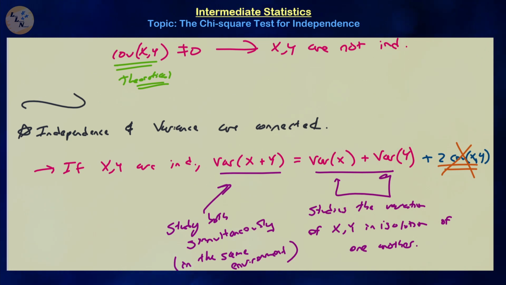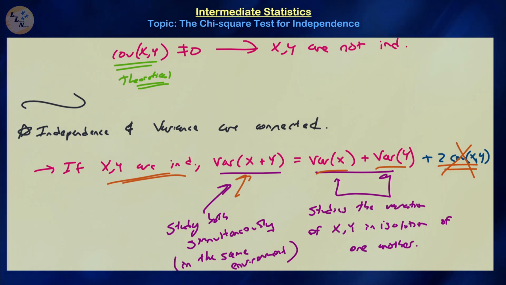If you can prove that these two variables are indeed independent, then that means you can study these variables in isolation of one another, and that will be equal to the same exact result as if you were to present both of them next to each other. The results should be the same. And if they're not, then it is just by chance.